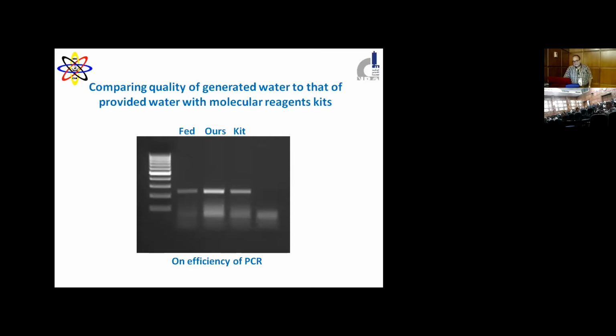And as you see, the fed water is next to the marker. Here, this faint band. Ours is this fat, thick, very clear band. The molecular biology grade water that comes with the kit gives a very long span. And I hope that the result is very clear. Their water works very nicely.